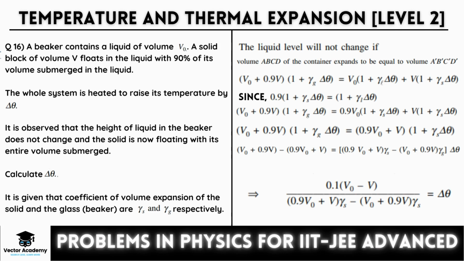So V0 plus 0.9 V multiplied by 1 plus gamma G delta theta equals 0.9 V0 plus V into 1 plus gamma S delta theta. Solving it will give the final value of delta theta.